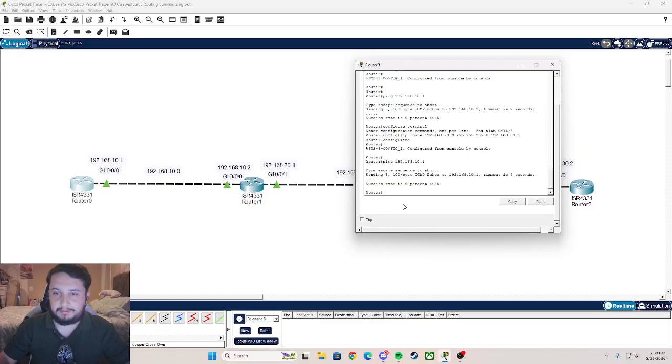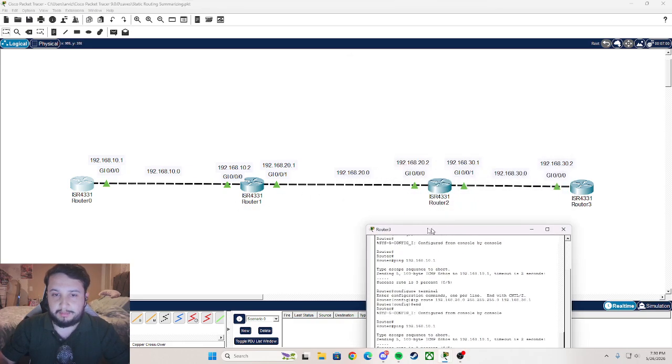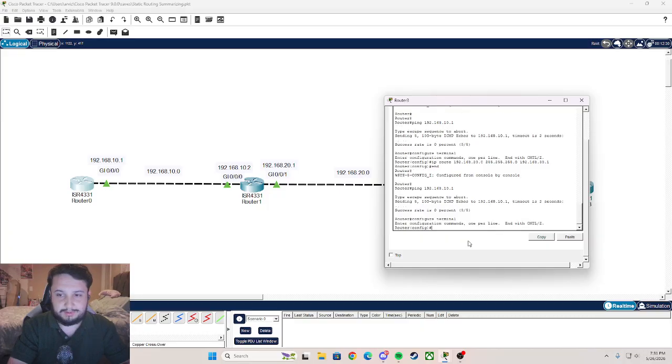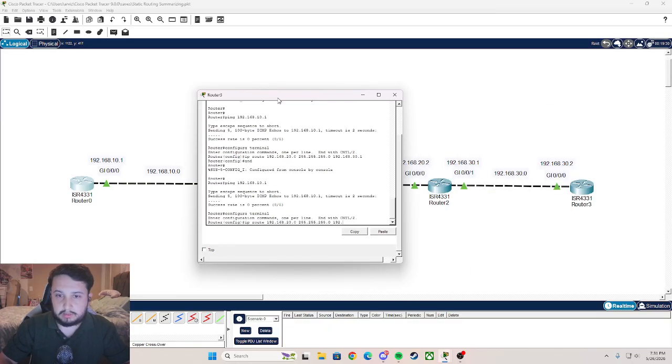Let me approach this by what I think the problem is: my router three is not communicating with this network yet. So let me set that up.